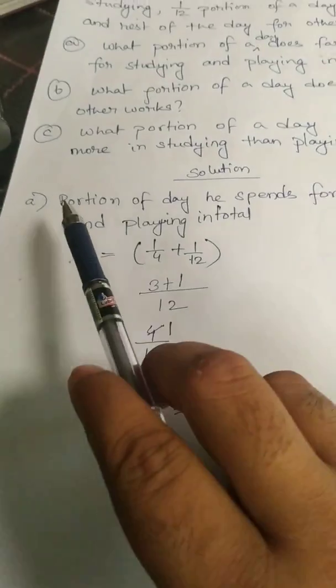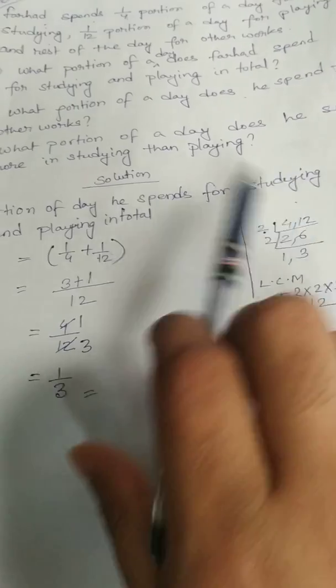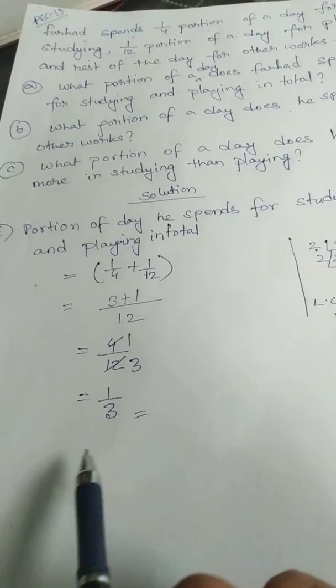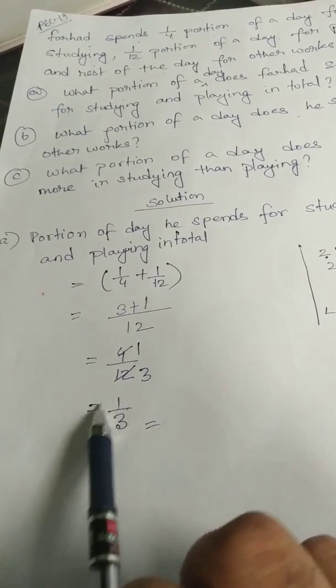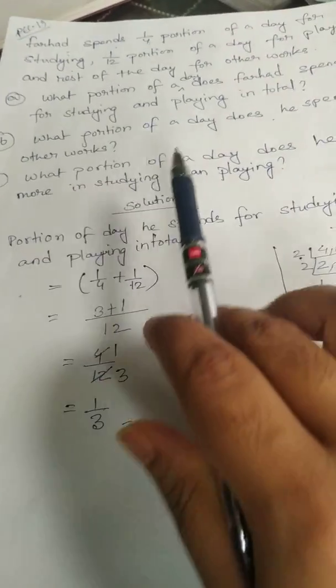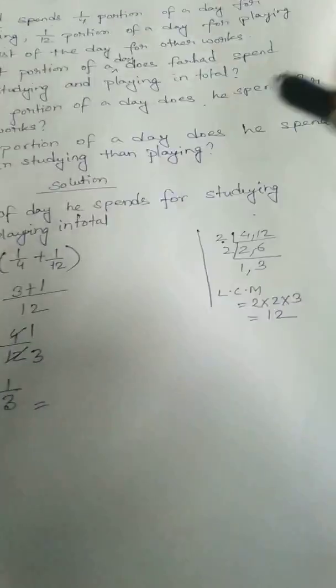So from A we already got portion of day he spends for studying and playing in total. So if we subtract from 1 this thing, we can easily find out the portion of day he spent for other works. So now we are trying to solve this.